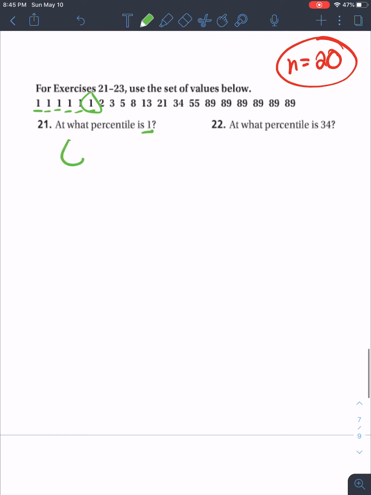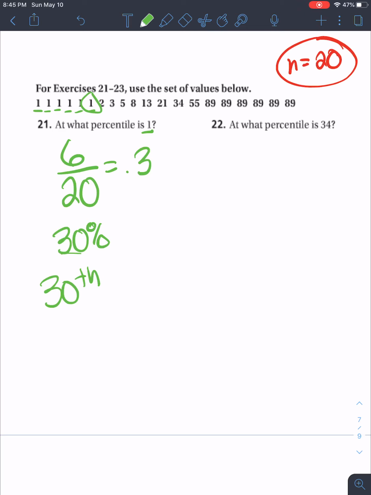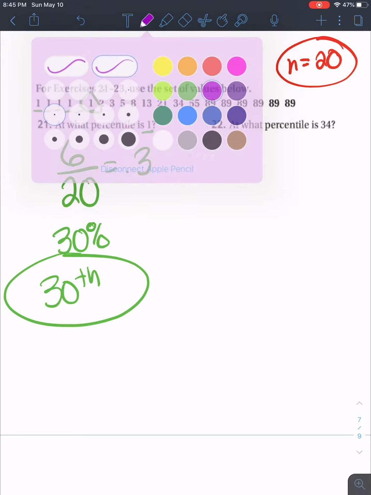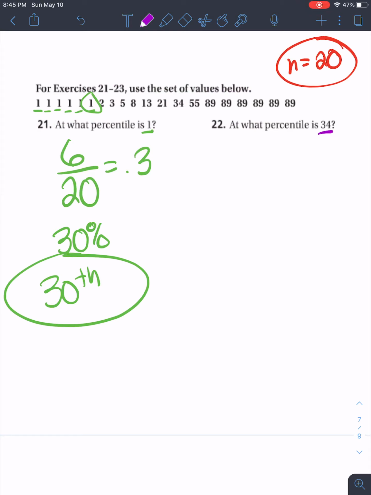To find our percentile, we take 6 divided by n. So 6 divided by 20 gets us 0.3, as a percent, 30%, but we write this as a percentile. It's the 30th percentile.